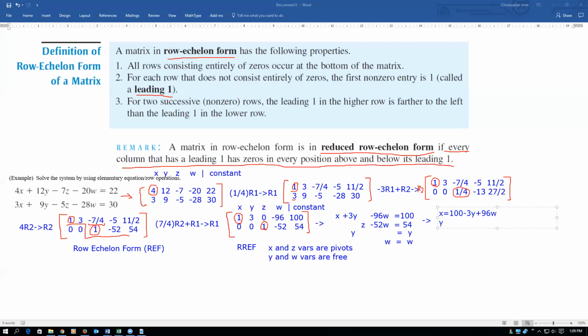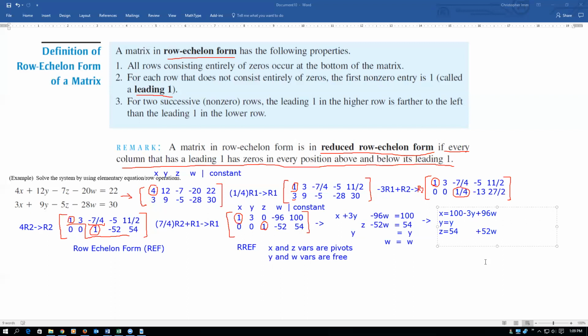My y is a free variable. I'm reordering the variables. My z is a pivot. I solve for z in terms of the free variables. Z is equal to 54 plus 52w.